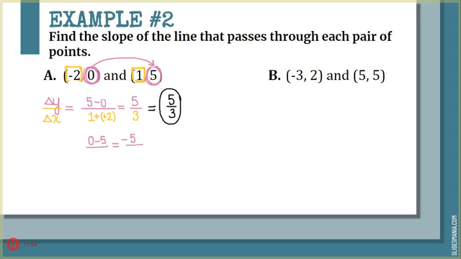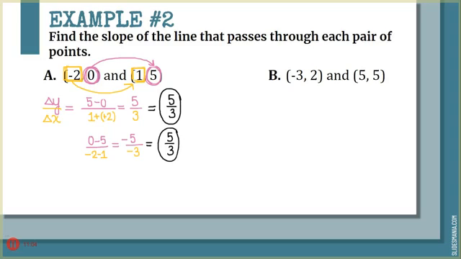If I started with the 0, that means I have to start with the matching x value, which is the negative 2. So I'd have to take negative 2 minus 1, which is negative 3. And then now you'll see that you have a negative over a negative, but a negative over a negative makes a positive. So no matter which way you start with the first ordered pair or the second ordered pair, your rate of change should be the same.